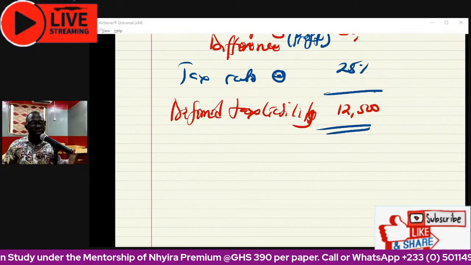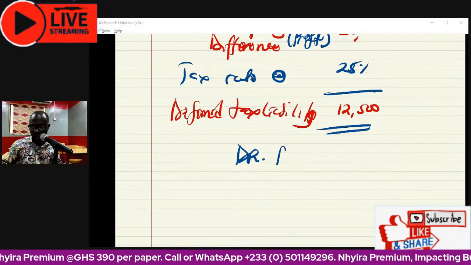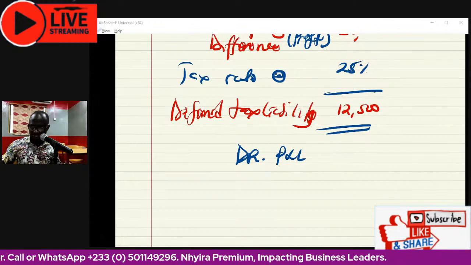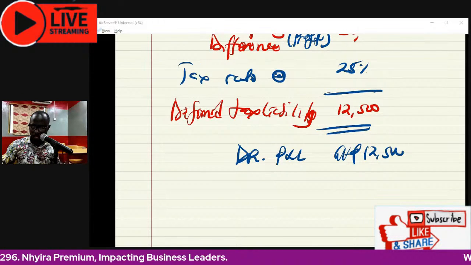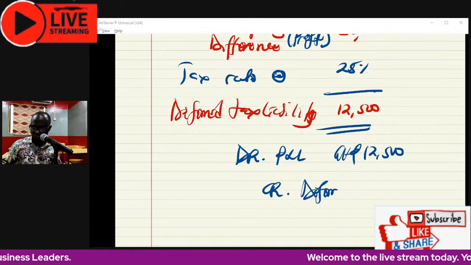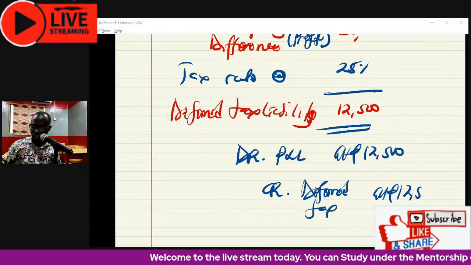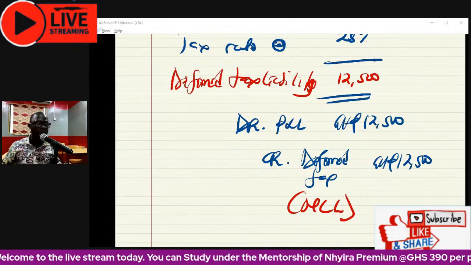It is going to increase the current year tax liability. So we're going to be debiting profit or loss with the 12,500 cedis, and then we credit deferred tax, that's in the statement of financial position, with that same figure, 12,500. Remember, deferred tax is a non-current liability.